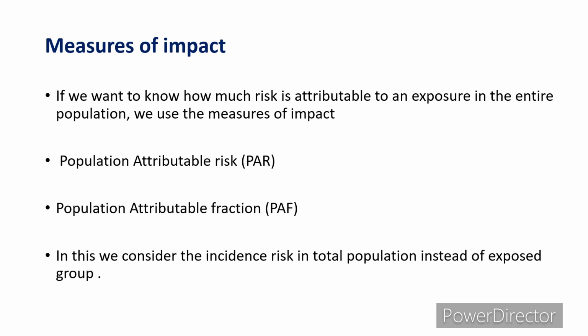And now coming to the last measure, that is the measures of impact. If we want to know how much risk is attributable to an exposure in the entire population, then we use the measures of impact. It is similar to AR and AF, but here we use the terms population attributable risk and population attributable fraction. And what is the main difference? In this measure, we consider the incidence risk in total population instead of the exposed group.